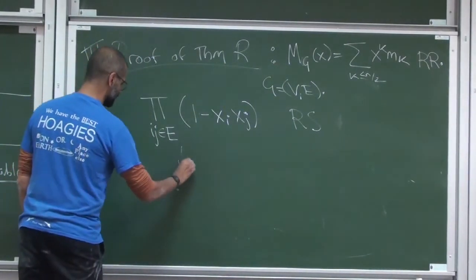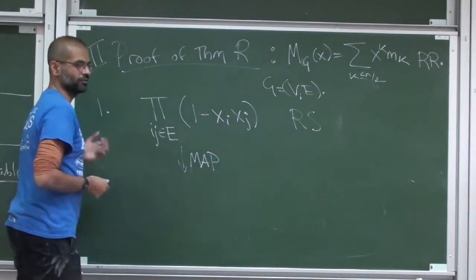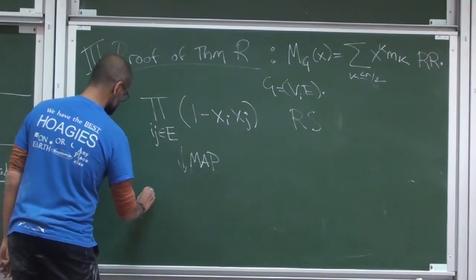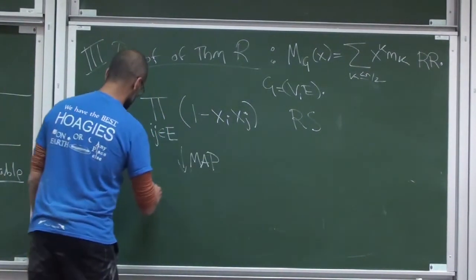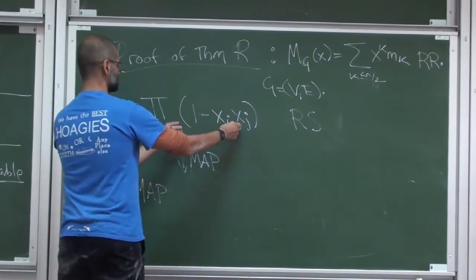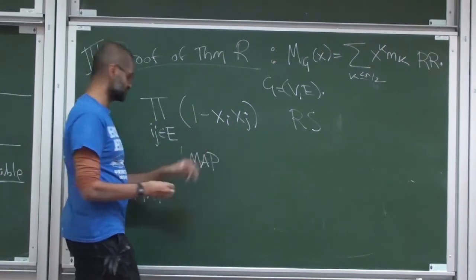Now I'm going to apply map. So what's the multi-affine part of this polynomial? When I expand this out, each monomial corresponds to a subgraph, because I choose a subset of the edges.